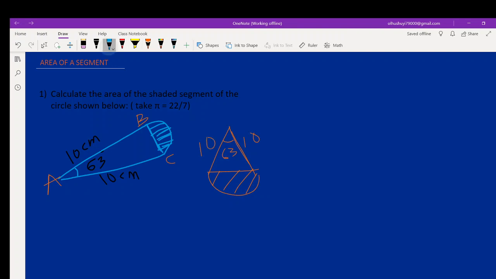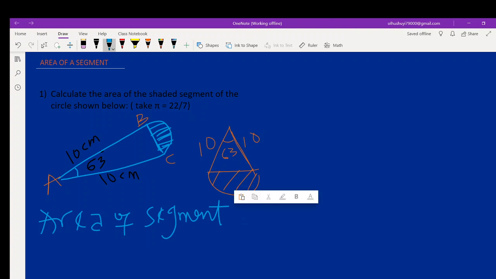So this is a sector. The area of the segment which we are calculating, this shaded region, is a segment.